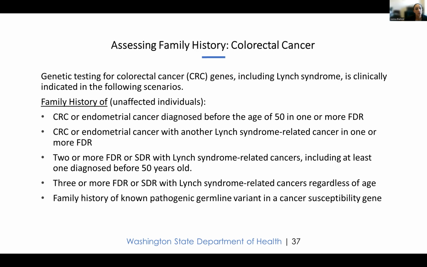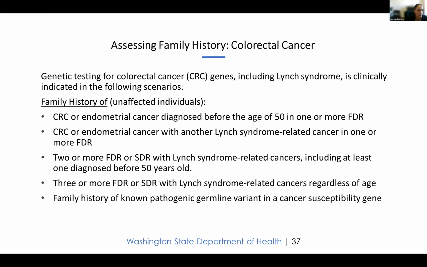In individuals who are unaffected, who do not have cancer, testing is recommended when someone has a first-degree relative with colorectal cancer or endometrial cancer diagnosed before the age of 50, or if they have a family history of one or more first-degree relatives with colorectal cancer or endometrial cancer. Again, this is now regardless of age.